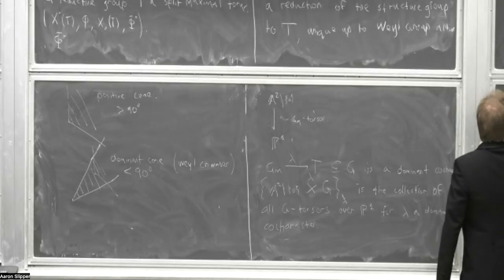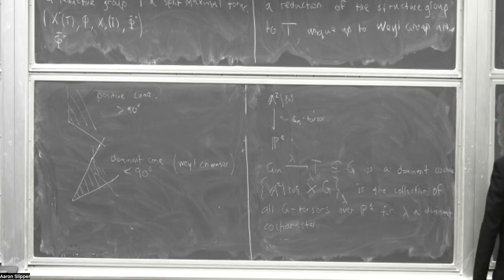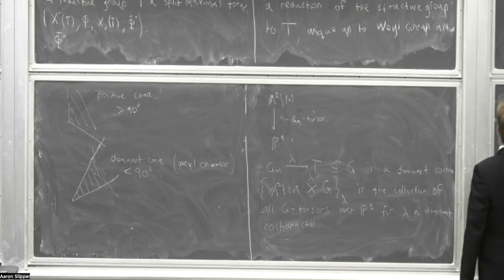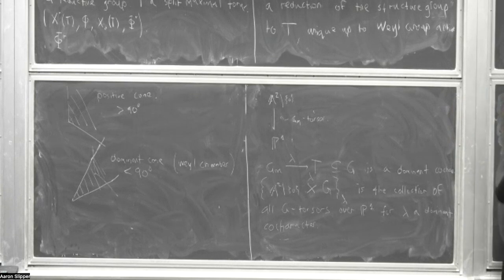Call this torsor E sub lambda, which again is an element of BunG.